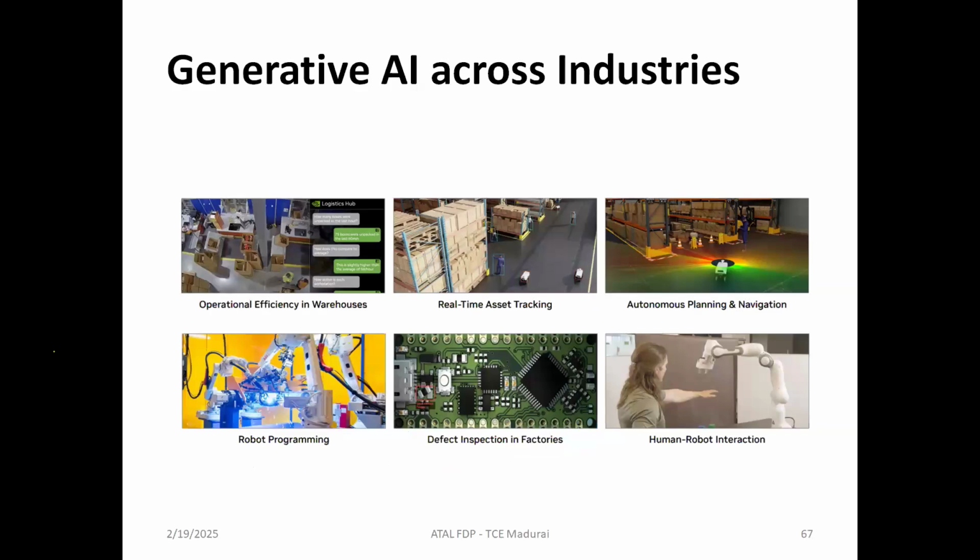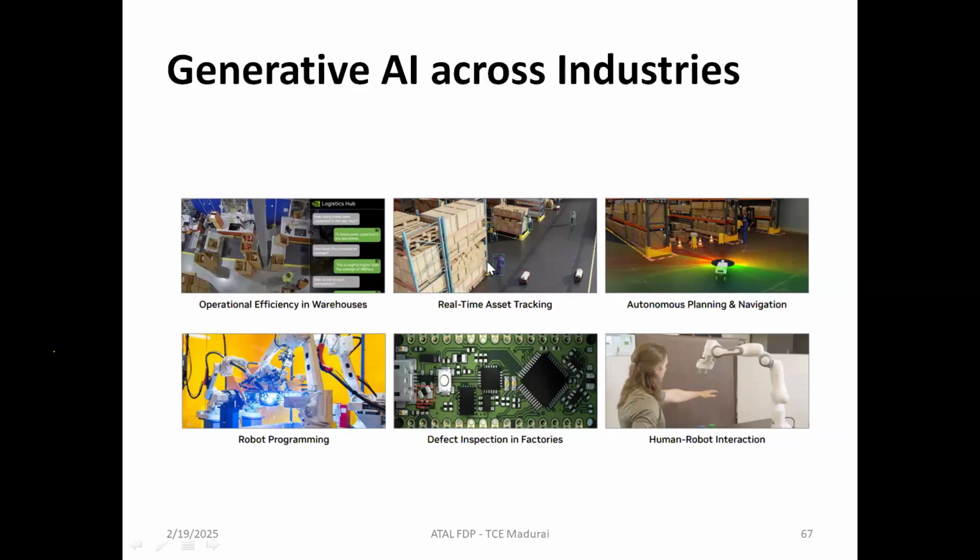So there are some real-time applications of Gen AI across industry. You can see the various figures here: operational efficiency in warehouses, real-time asset tracking. This figure I have taken from the Amazon repository. So their centers would look like this.